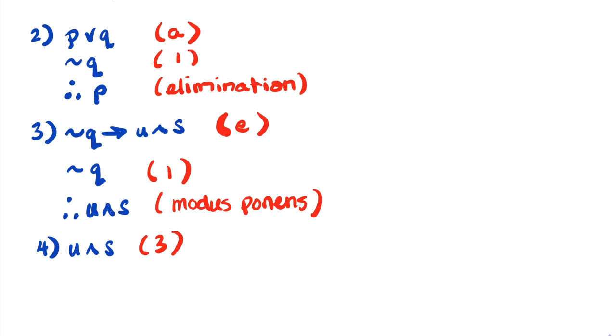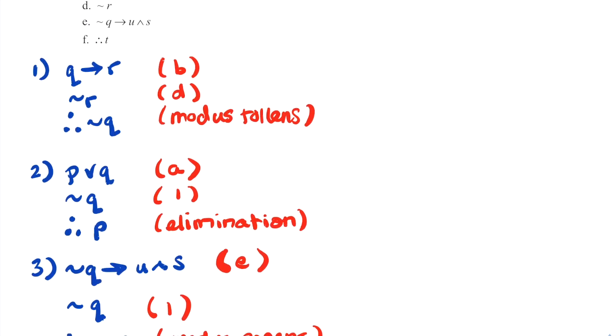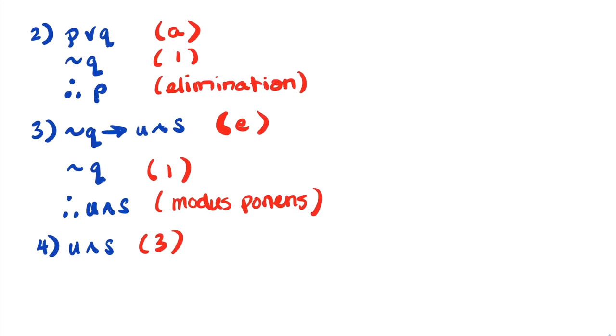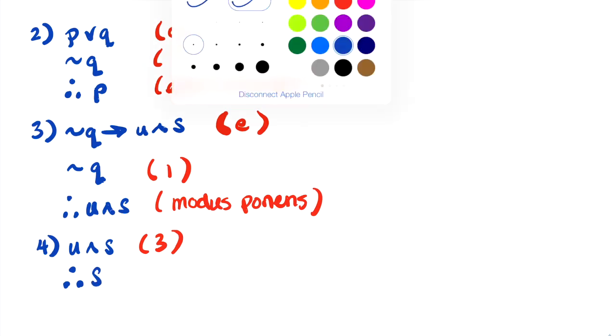If it's an and statement, don't both of them have to be in there? Well, we're not really using U anywhere else, are we? But we do use S in premise C. So that specialization rule of inference means that we can say therefore S.